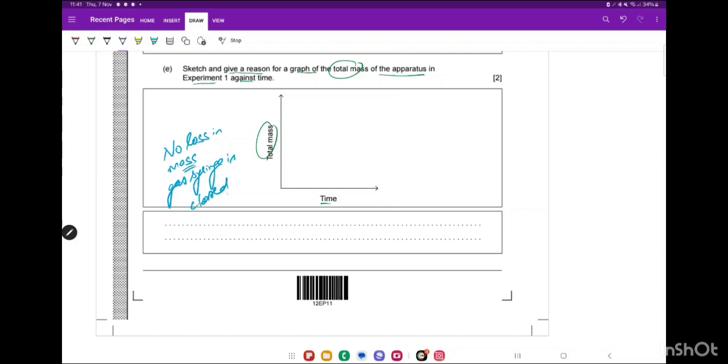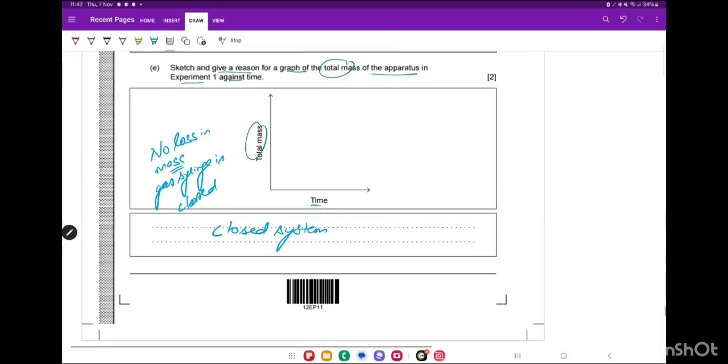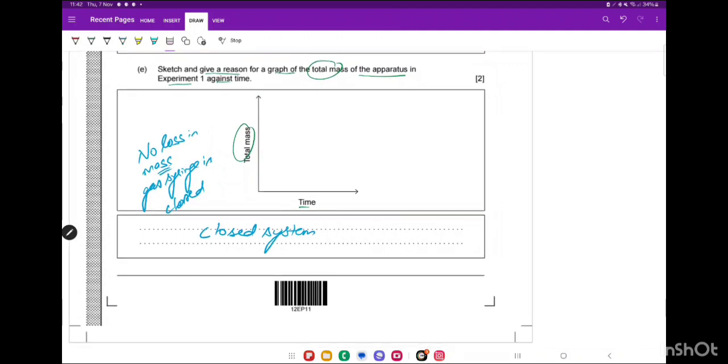So we are considering it as a closed system without any leakage, and the total mass will remain constant with respect to time. Therefore, you can draw a horizontal line on this graph.